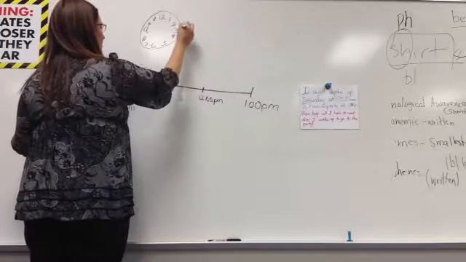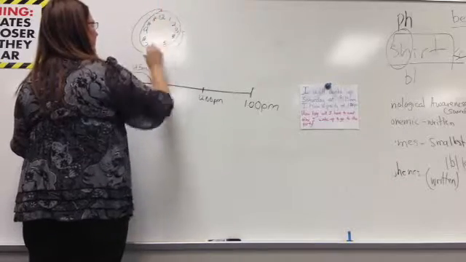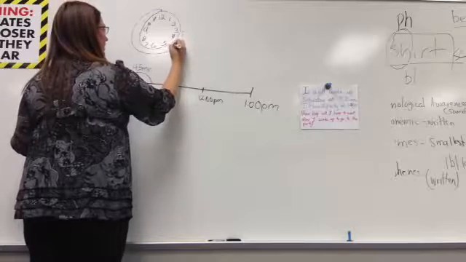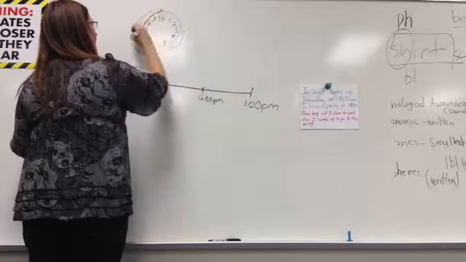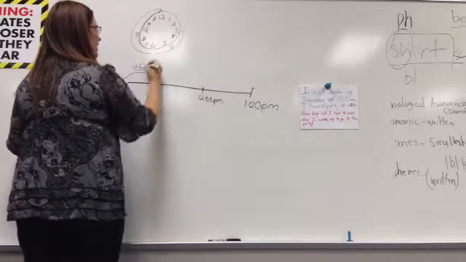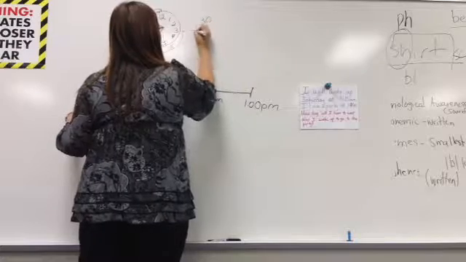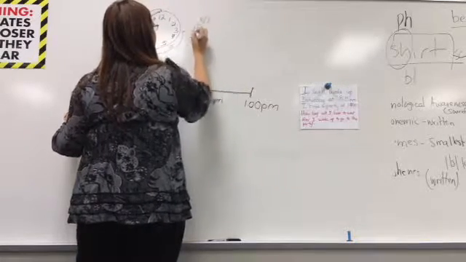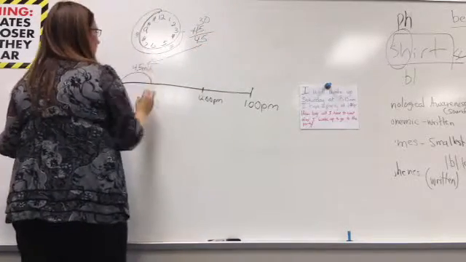So if we're going from this time all the way to this time, that right there is 15, and then this right here is actually 30. And that's how I came up with the 45, because 30 plus 15 is 45. So that's where this number came from.